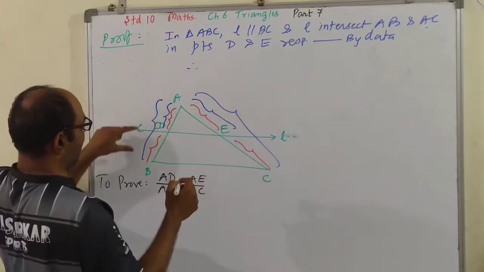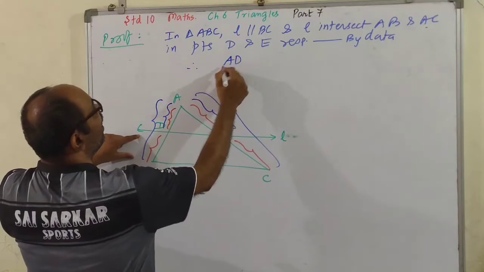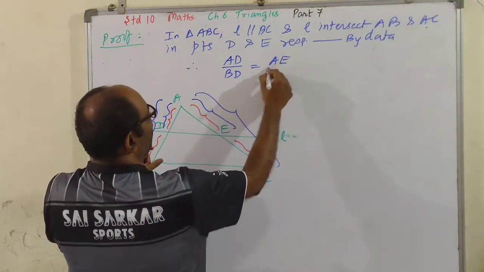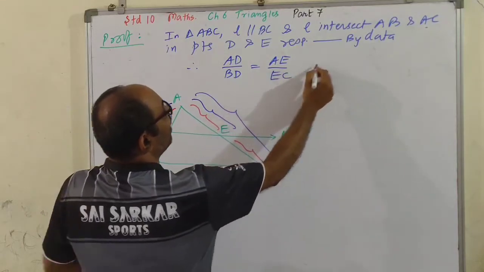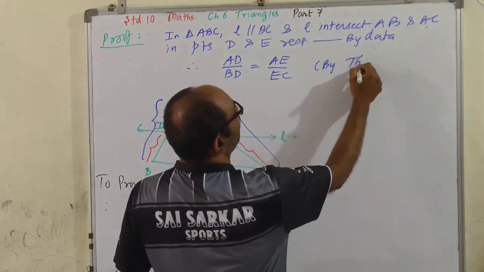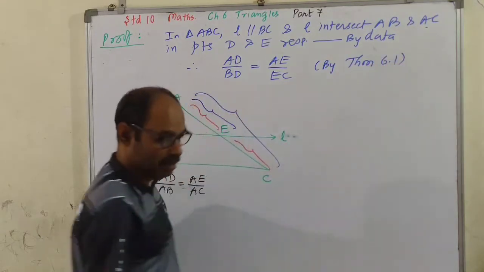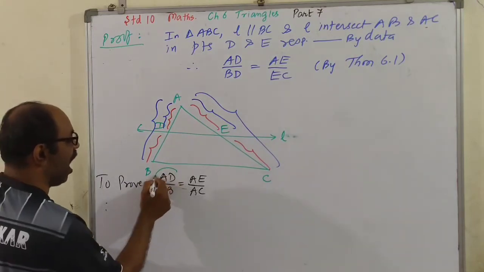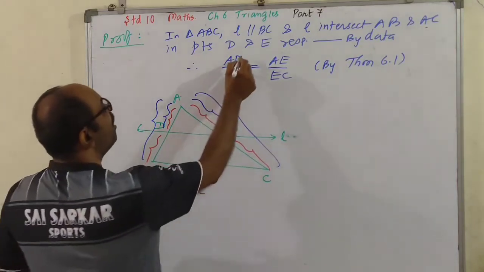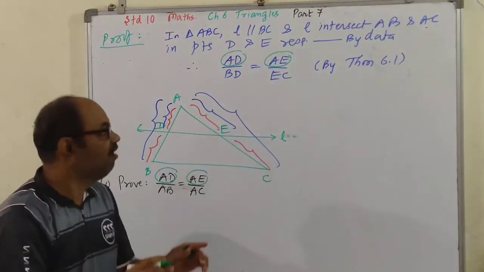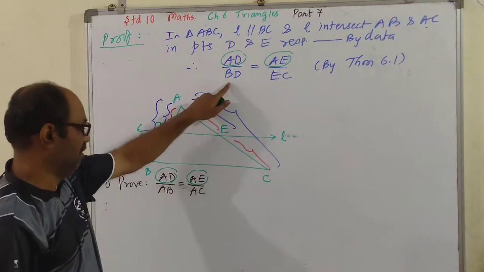Therefore, AD upon BD is equal to AE upon EC, by theorem 6.1. Alright children, look, आपका AD और AE, they are already there. लेकिन denominators are missing.